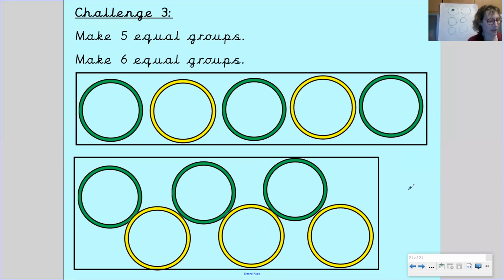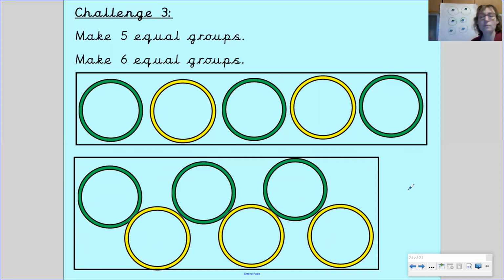If I was doing 6 equal groups, this is my super cheating. I have got 6 equal groups, and each group has got 1 in each. Now I could put 2 in each, I could put 3 in each. It doesn't matter. You could put 6 in each if you wanted to, as long as every group has the same amount.